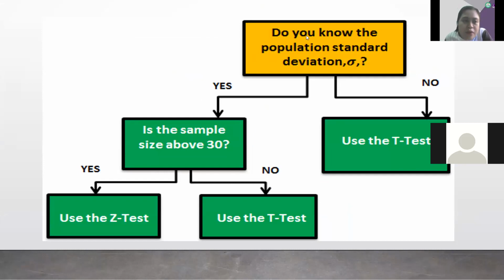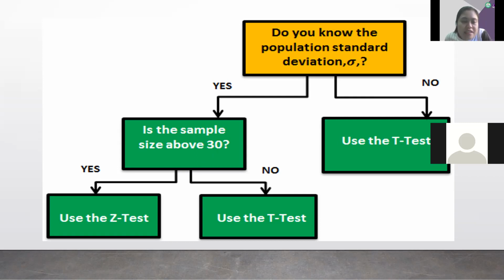Now, the first question that you need to ask is, do you know the population standard deviation? Okay? Pag alam natin sa population mismo, hindi sa sample, yung standard deviation, dito tayo, if yes, first you ask if the sample size is above 30.